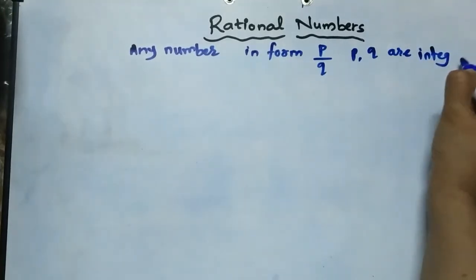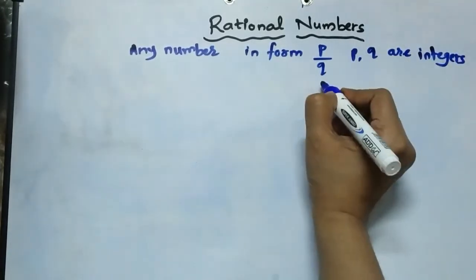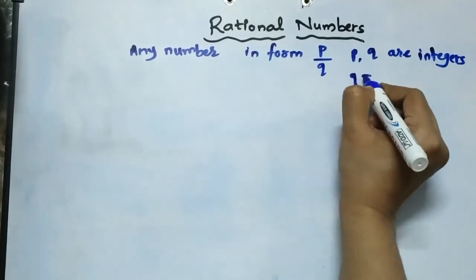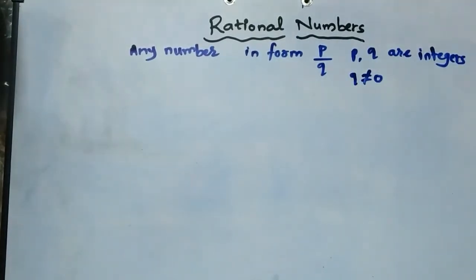They are any integers, and the compulsory condition is that the denominator, that is Q, should not be equal to 0. So rational numbers are any numbers in the form of P by Q, where P and Q are integers and Q is not equal to 0.